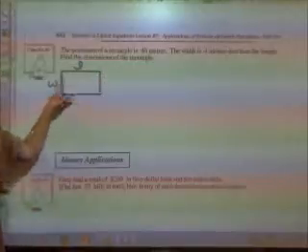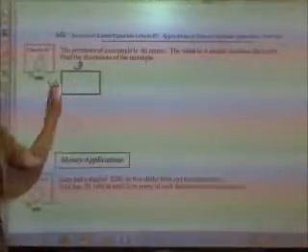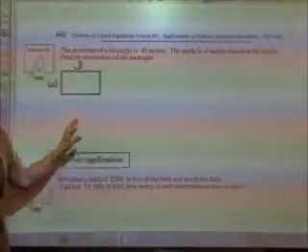The perimeter. How do I use my width and my length to get perimeter? So first of all, what is perimeter? Perimeter is going around the outside.